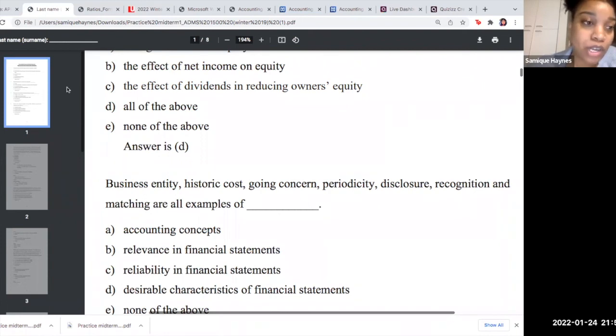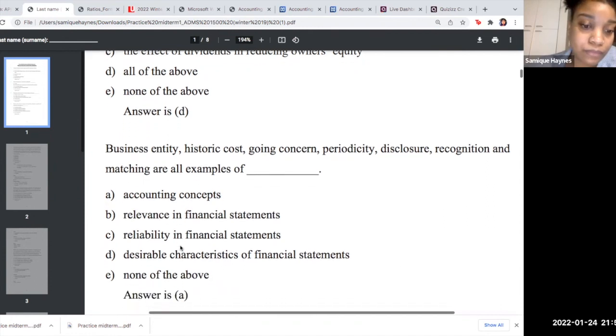A, accounting concepts, somebody says. Anything else? B, relevance. Lots of people think B. So the answer is A, accounting concepts.